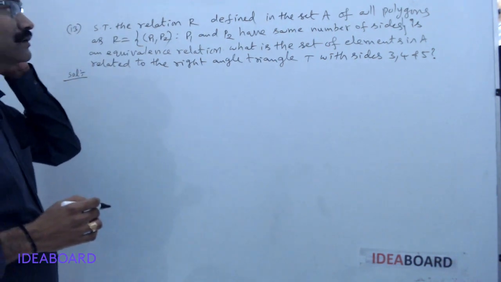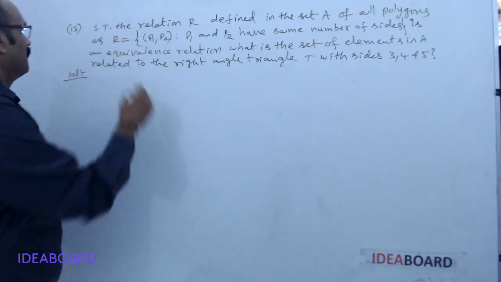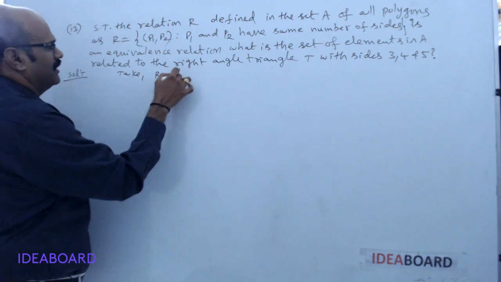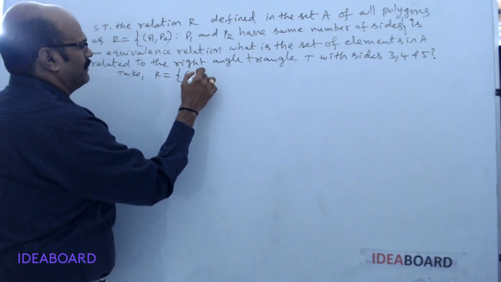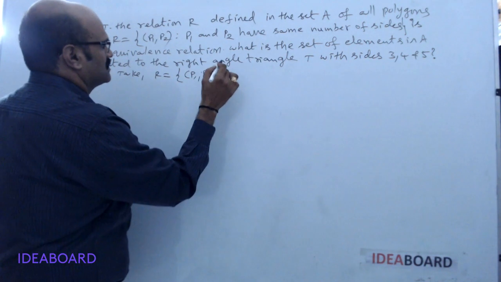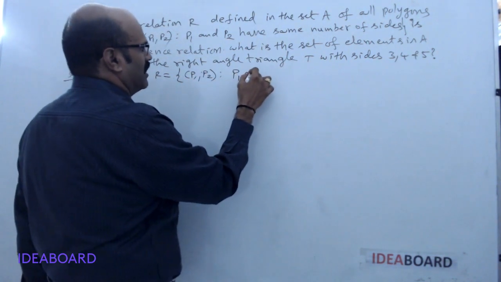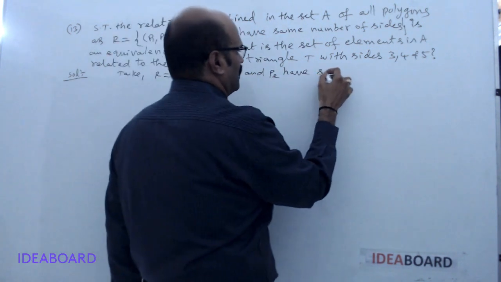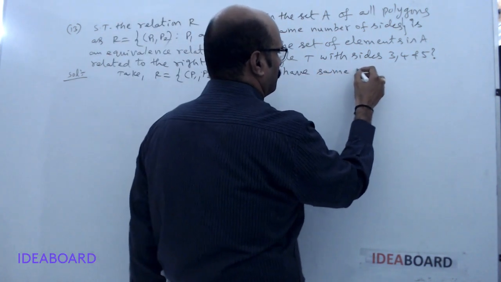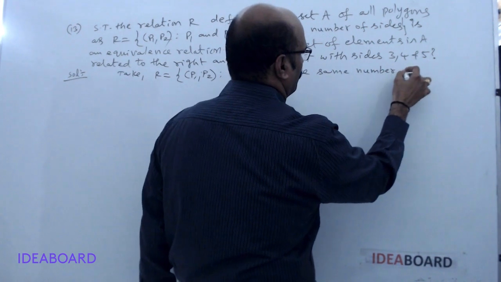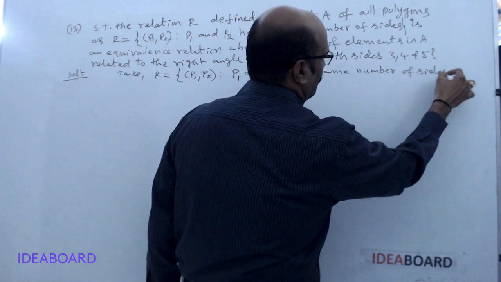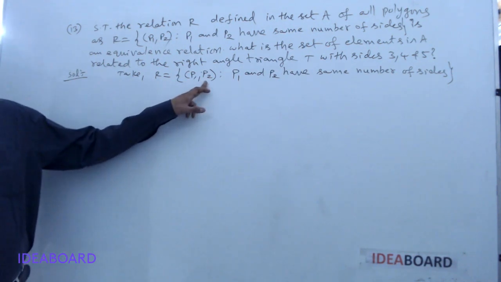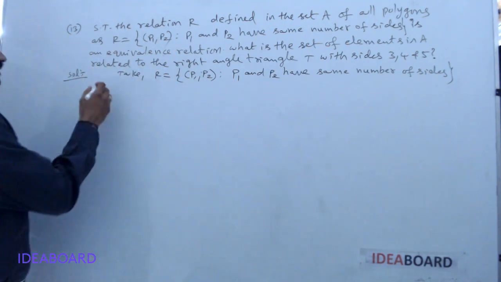Solution. First let me take R equal to P1 comma P2 such that P1 and P2 have same number of sides. First we have to take reflexive.